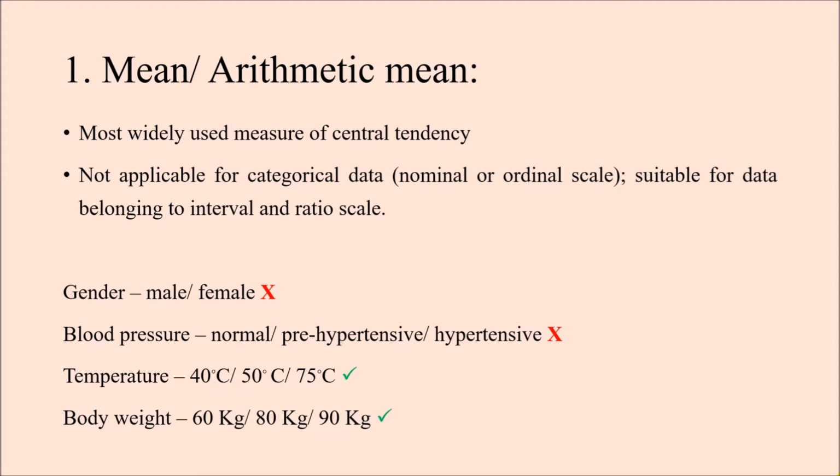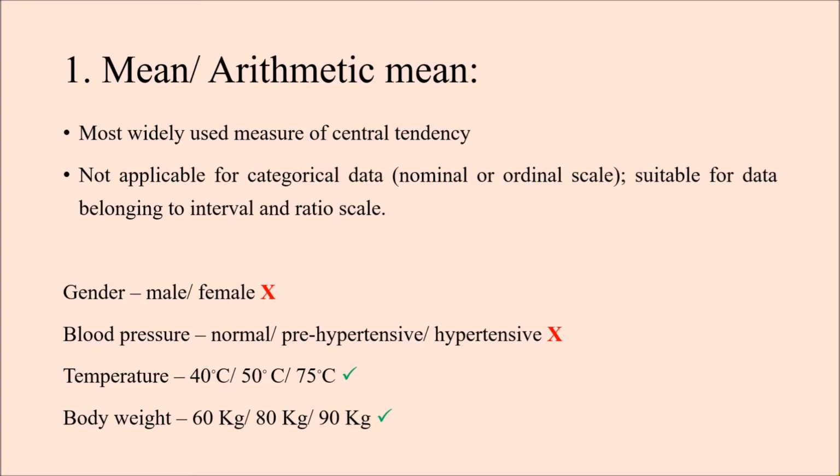Temperature in Celsius, which can be 40, 50 or 75 degrees Celsius, is an example of an interval scale because 0 degrees Celsius does not actually mean absolute zero. Whereas body weight, which can be 60, 80, 90 kg etc., is an example of a ratio scale because 0 kg actually means absolute absence of any weight.